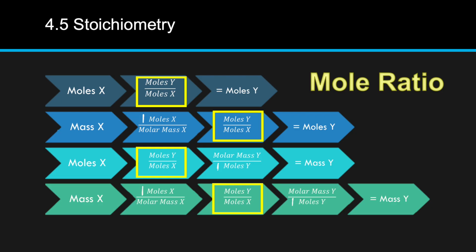So like if you're ever using molar mass to get to moles, it's always going to be the molar mass is equal to 1 mole. If you are using Avogadro's number, it's always going to be equal to 1 mole. The only time in stoichiometry where you're not using 1 mole is when you have the mole to mole ratio, and that is what is highlighted in the yellow boxes, and those numbers are directly from the balanced chemical equation.